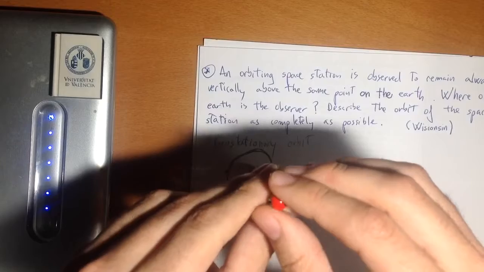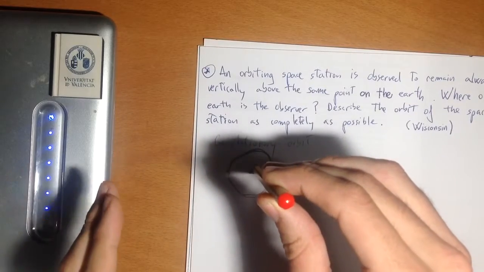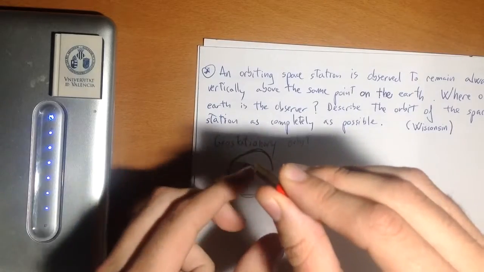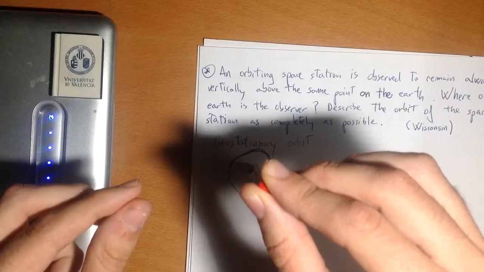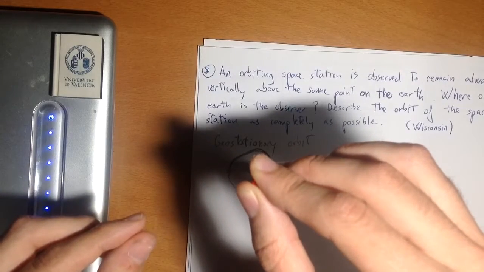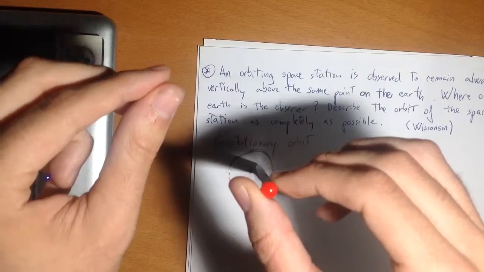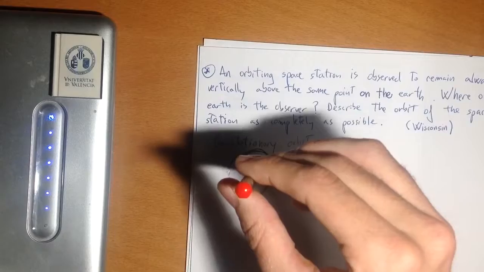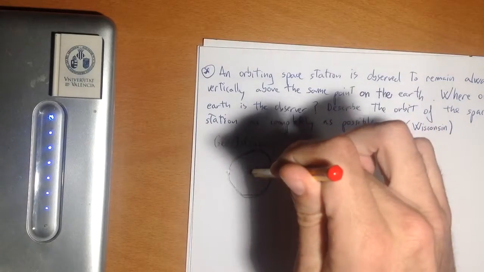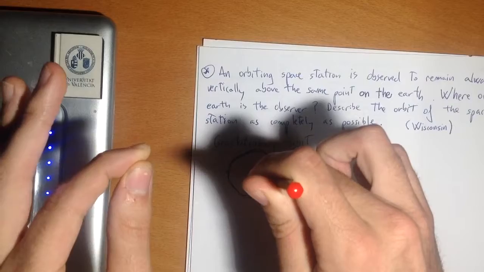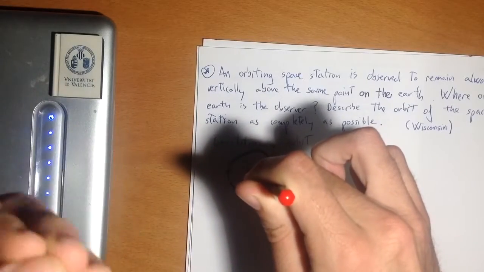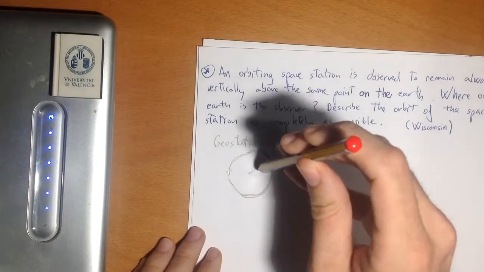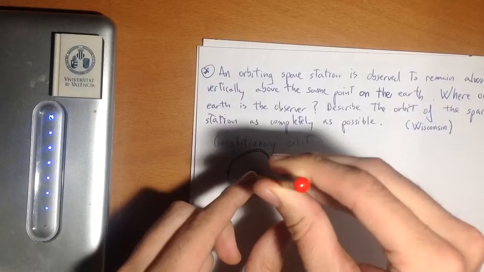So if we want to always observe the object above the same point of the Earth, it has to happen that at the same time that the Earth rotates around the axis, the object has to orbit around so as to always stay at that point.